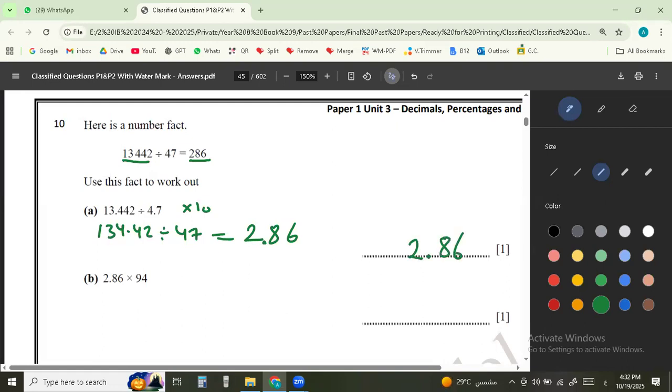Here, what is 94 multiplied by 2.86? Well, what is 94? 94 is actually double the 47. So what are the answers supposed to be? It is double this. So if I did 286 times the 47, it is going to give me this, 13,442.